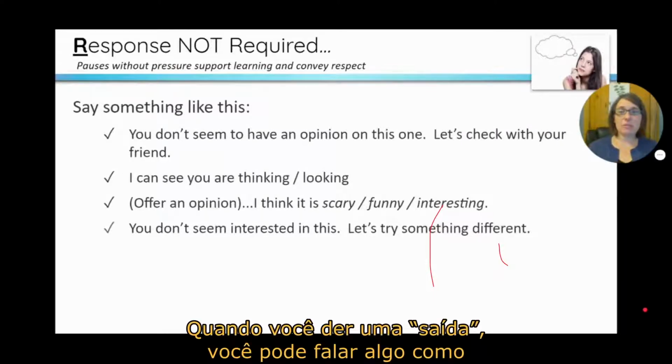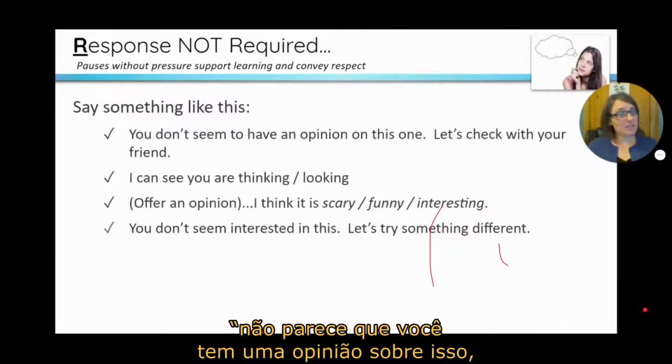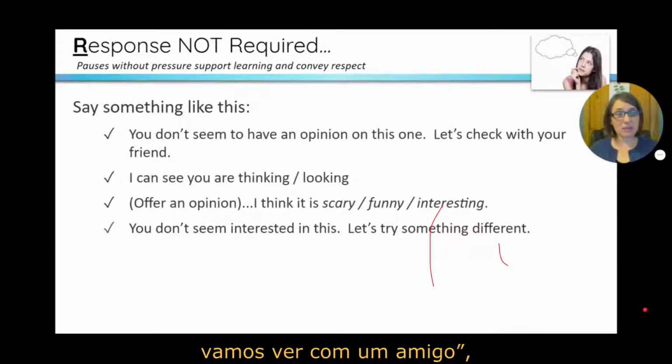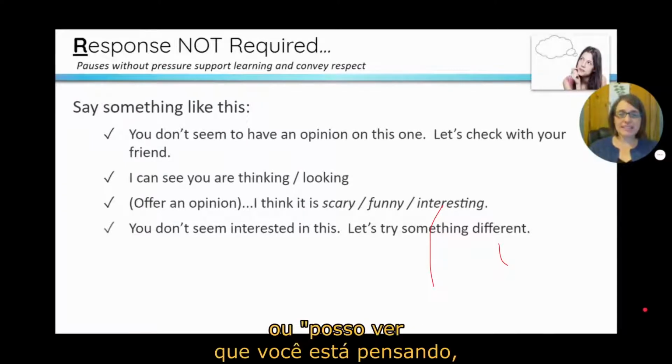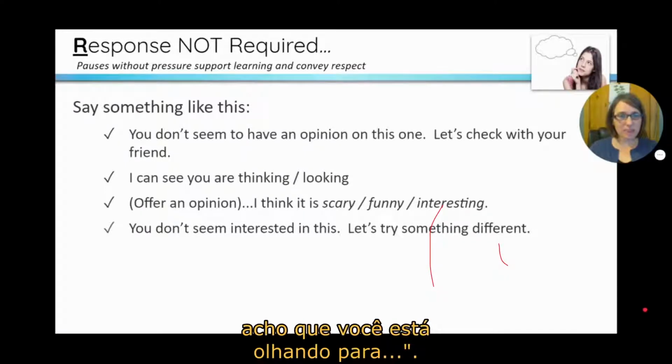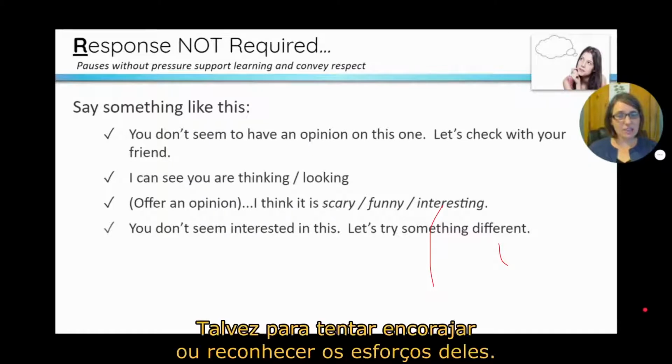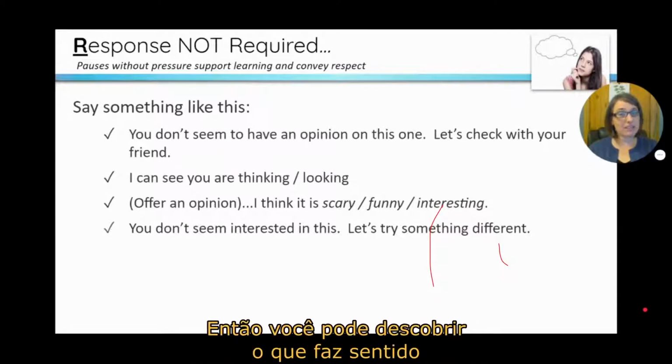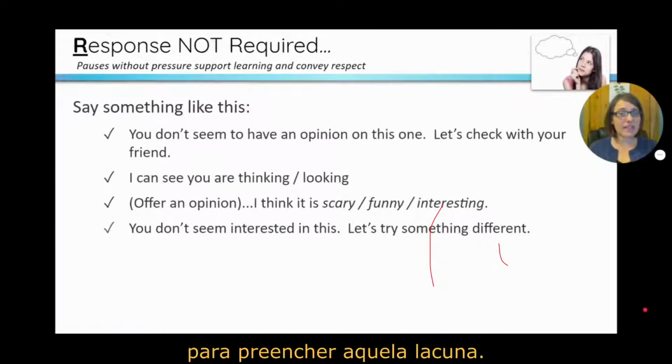When you give an out, you might say something like, you don't seem to have an opinion on this one. Let's check with a friend. Or, I can see that you're thinking. I think you might be looking at... So perhaps to try to encourage or recognize their efforts, and then you can figure out what makes sense to fill in that blank. Is it more time, or is it more support?